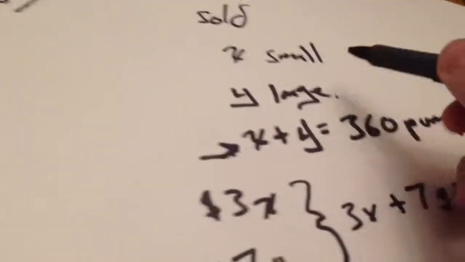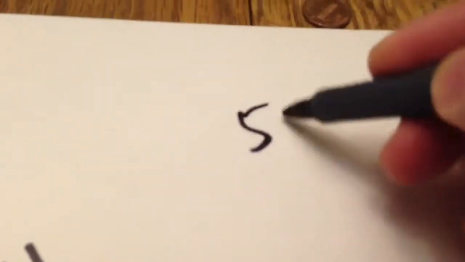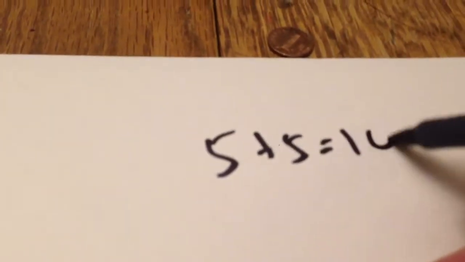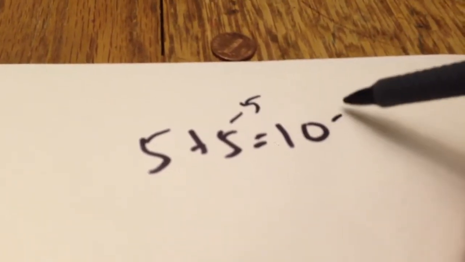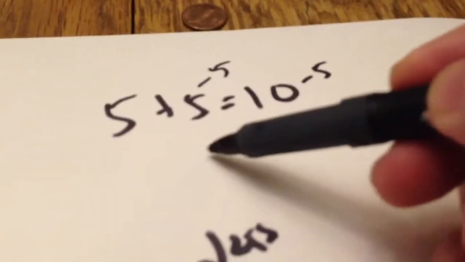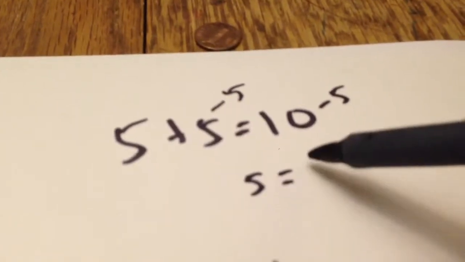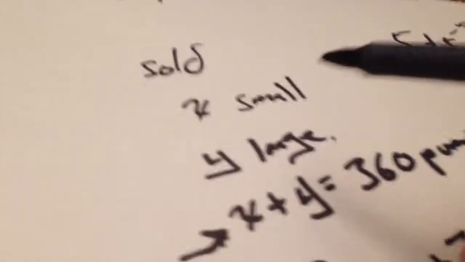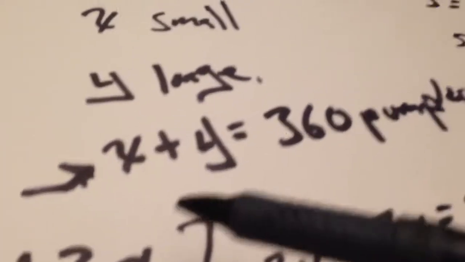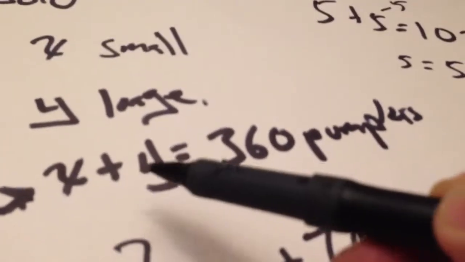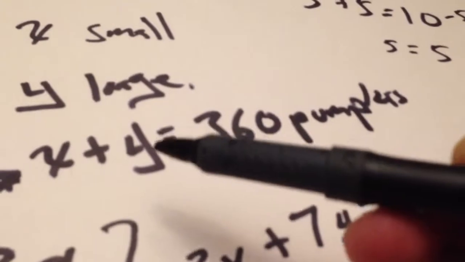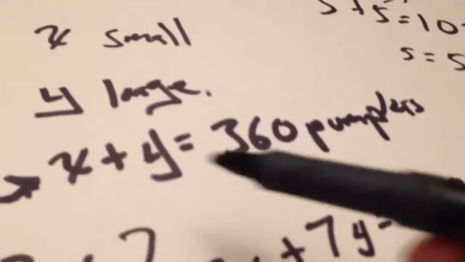Just like if we have 5 plus 5 equals 10, if we subtract 5 from this side and we subtract 5 from this side, then we know that 5 equals 5, right? So we can do the same thing with these, because these represent real numbers, even though they're not fixed in any particular time or place.